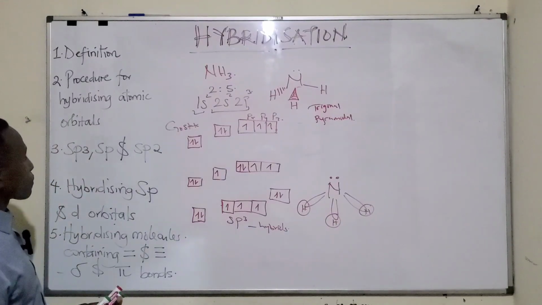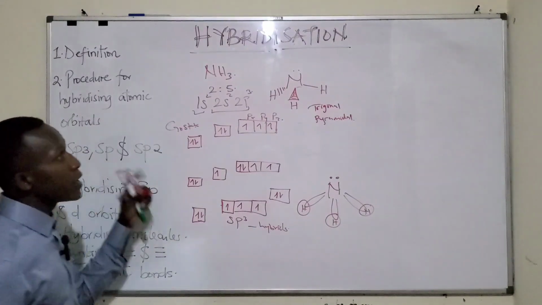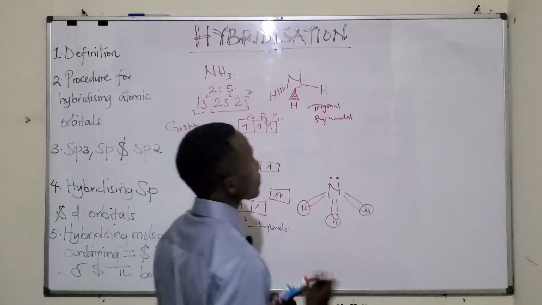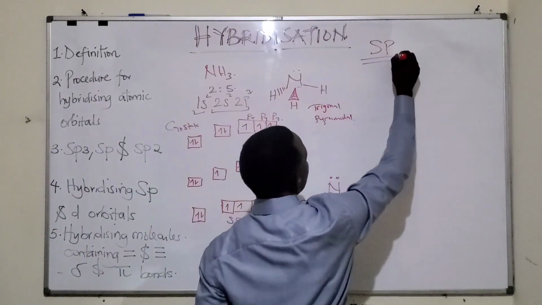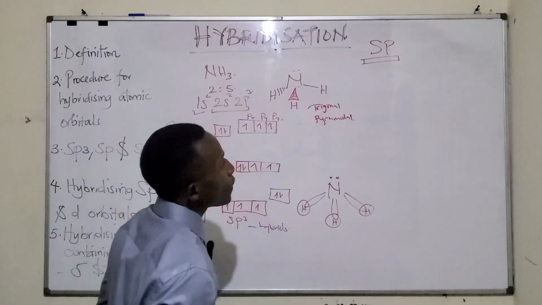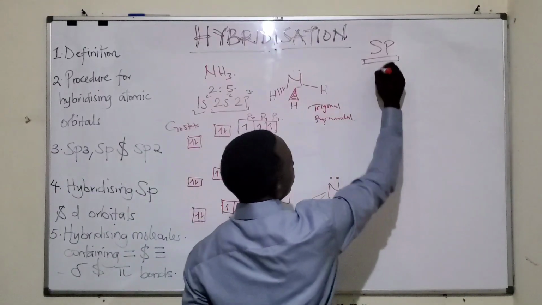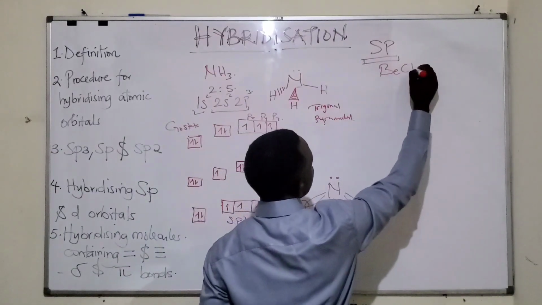Let's have sp hybridization. For the sp, we can have an example of beryllium chloride.